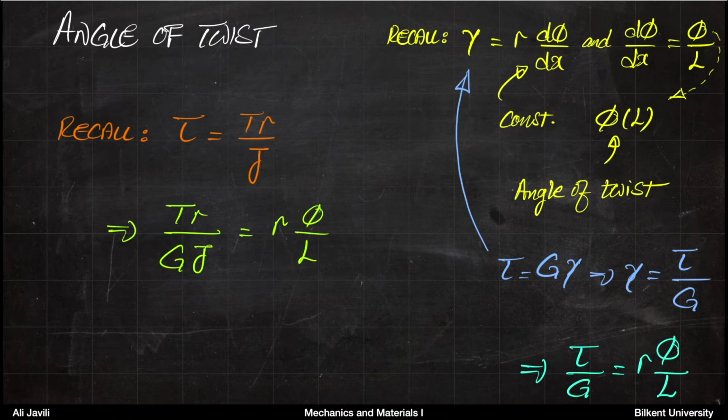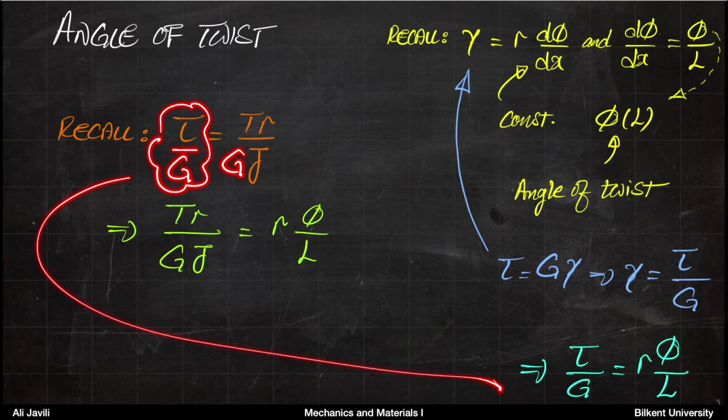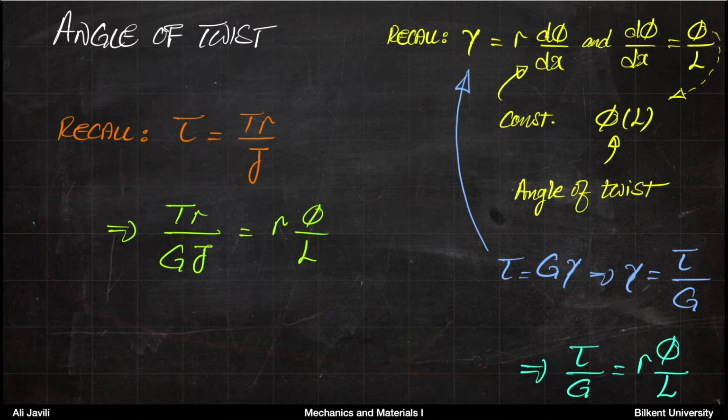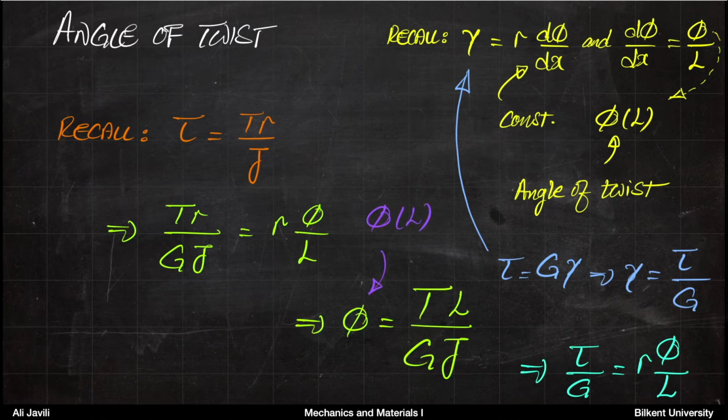So from this relation, inserting it into this relation, you get TR divided by GJ is equal to R phi divided by L. So basically what we have done here is to divide this relation by G and then use R phi divided by L instead of tau divided by G. Then you can cancel R from both sides and basically you are there.